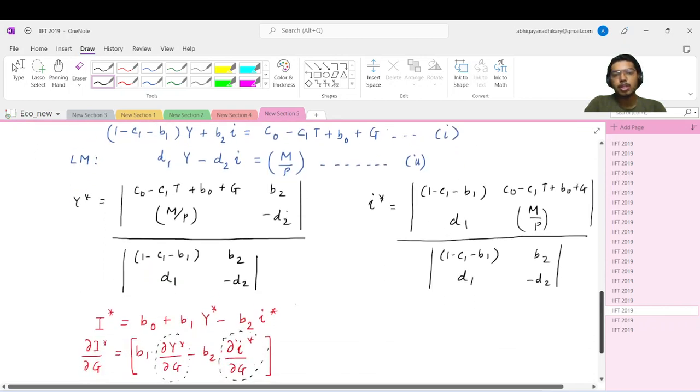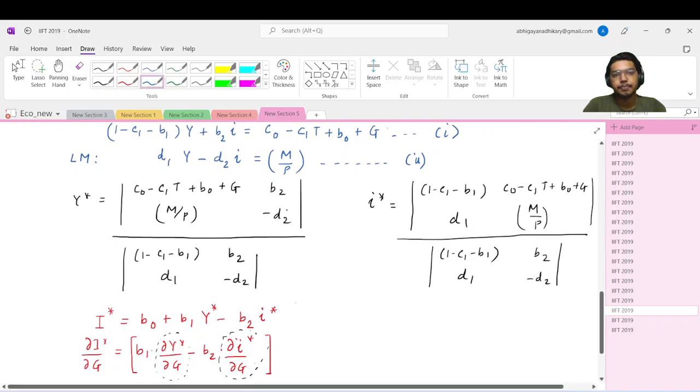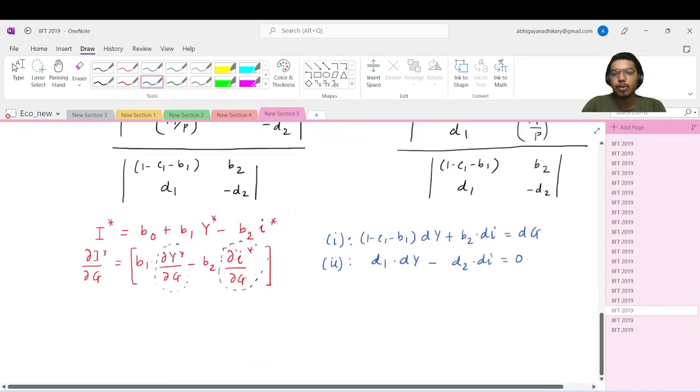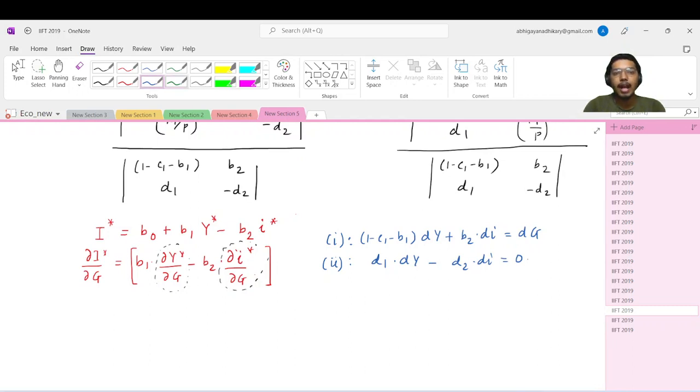Look at equation 1 and equation 2. Just differentiate them totally. That will give you 1 minus c1 minus b1 times dy plus b2 times di equals, since we are looking for a change in g, dg. And equation 2 states d1 times dy minus d2 times di equals 0. From here we can easily compute dy and di.